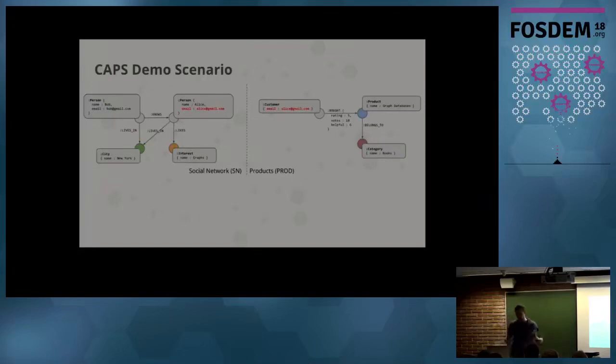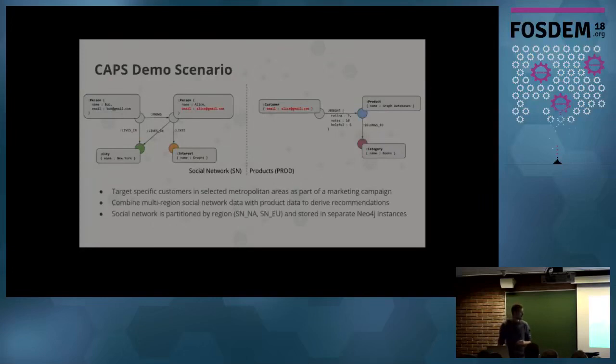It's a generated social network in our case, which we split up into two regions. So our social network is partitioned into the North America part and the Europe part, and we store it in two Neo4j databases just for scalability and for performance optimization.